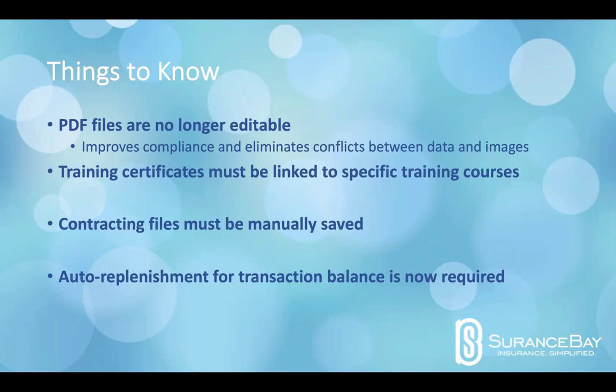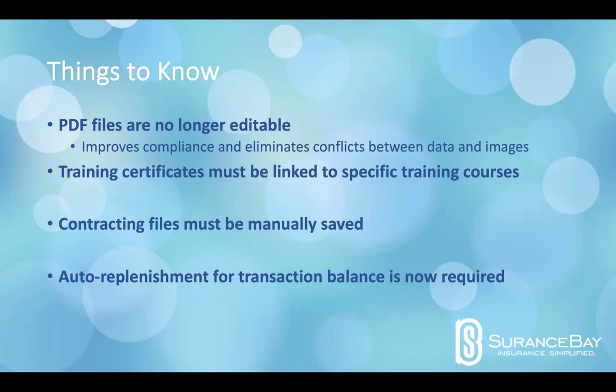Now that we've moved to a web-based platform, there's a couple of reasons why that can no longer be done. One is that we don't have the Acrobat integration built in, but the other is we actually needed to improve the compliance and eliminate some issues that doing those manual edits caused when the files actually made it to the carriers. So obviously when a producer signs the contract request, any changes made after that signature gets applied potentially invalidate that e-signature.